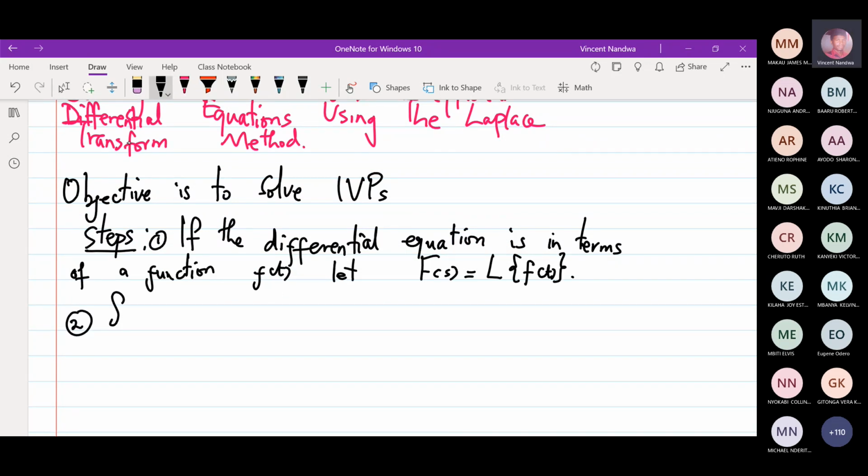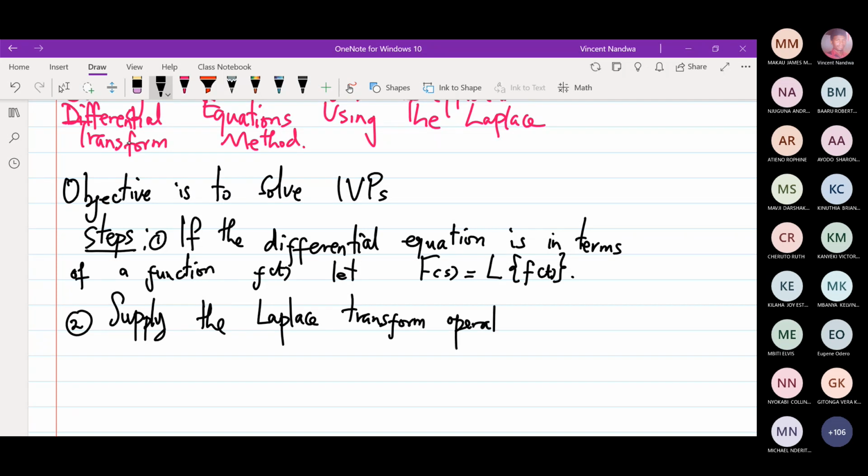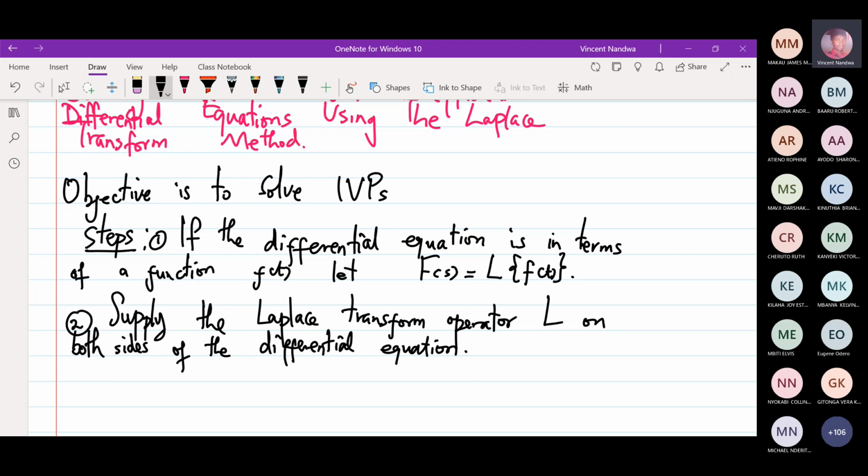Number 2, apply the Laplace transform operator on both sides of the differential equation. Apply L on both sides of the equation.